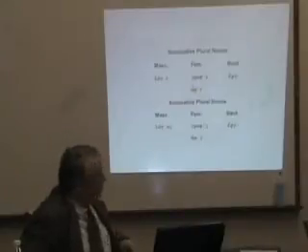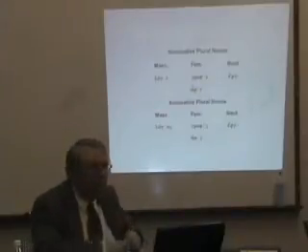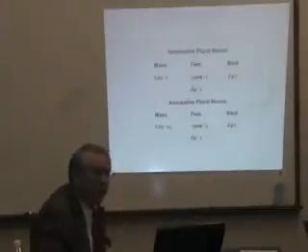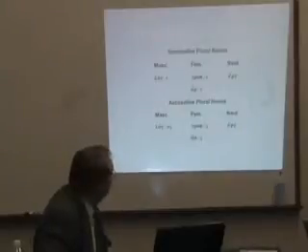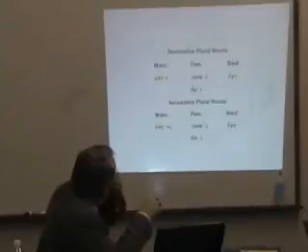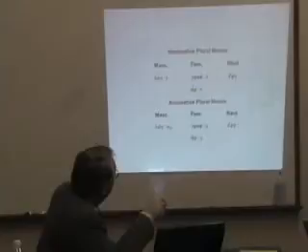Here are the nominative plural nouns. Notice these. You have the omicron iota, alpha iota, omicron iota, alpha iota, and alpha. I can see that yellow doesn't show up well. I apologize. But anyway, that's what it is. It's an omicron iota, alpha iota at the bottom, horai, and erga.